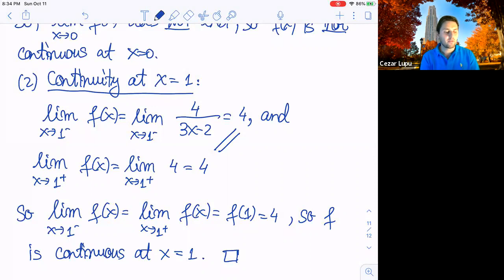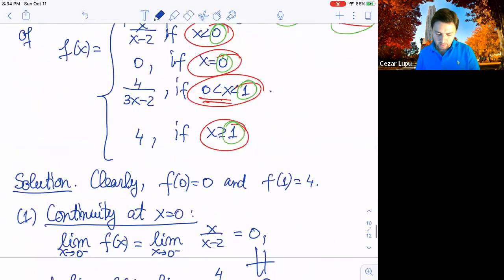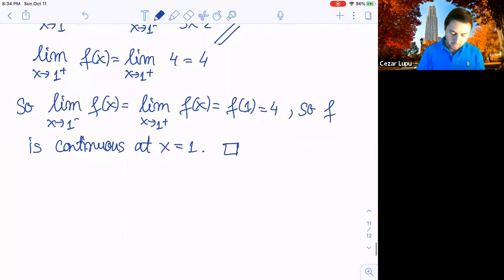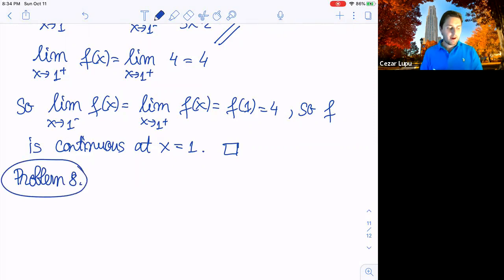Well, there were some other examples in my notes. I think you can study them. For example, the one that I have in my notes, I'll leave it to you as an exercise. This was problem 8, which says the following.